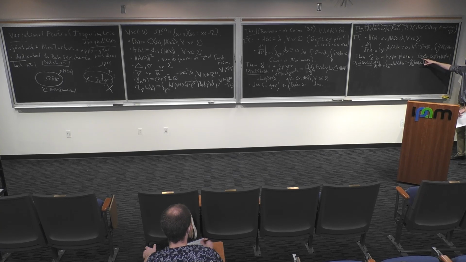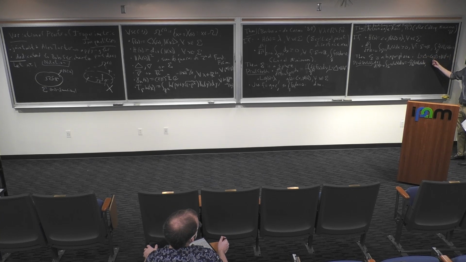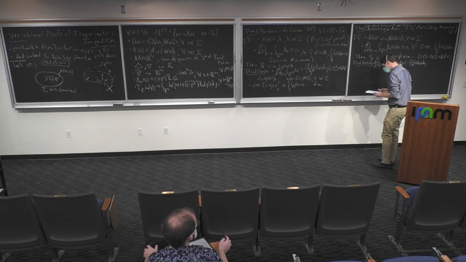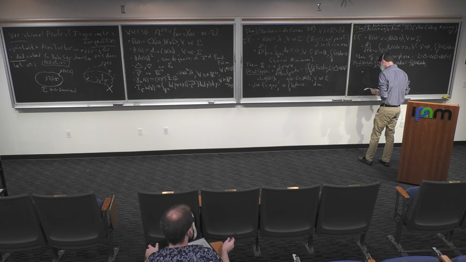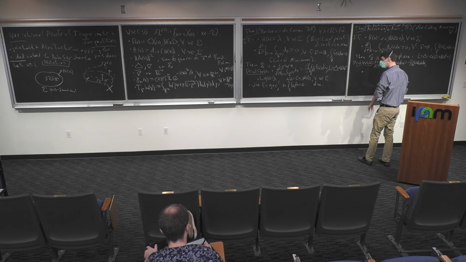Once again, I'll emphasize this is the Laplacian on the surface, gradient on the surface. We might recognize this as an Ornstein-Uhlenbeck differential operator on the surface. We have this extra curvature term, but morally speaking, it's Ornstein-Uhlenbeck. Something special about the Gaussian case is you can get an explicit eigenfunction.